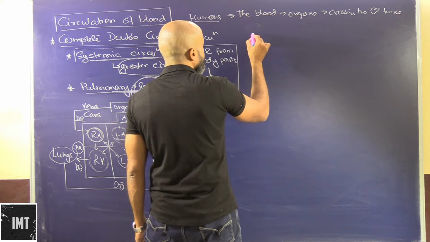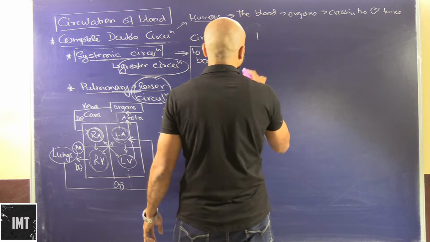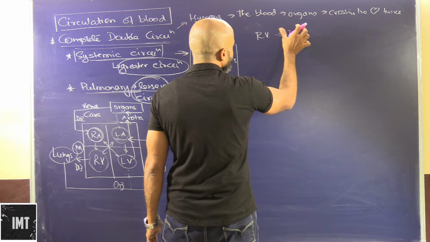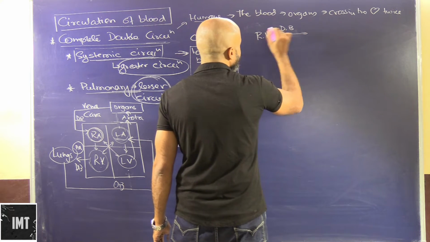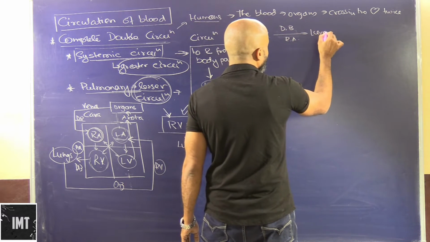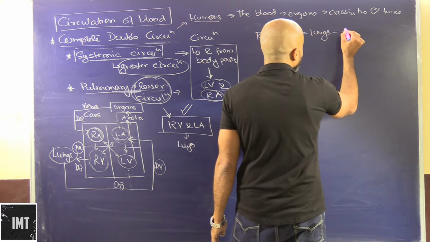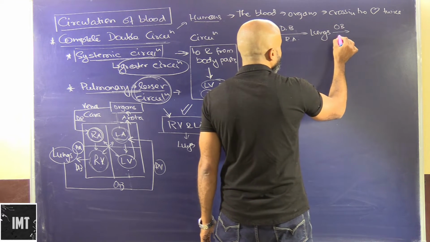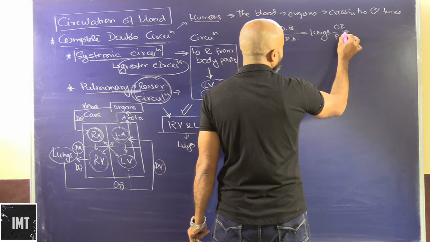Let's say we start with the right ventricle. The right ventricle is receiving deoxygenated blood from the right auricle, and it is pumping it to the lungs. The lungs, after the purification or oxygenation of blood, are pumping the oxygenated blood through the pulmonary veins.